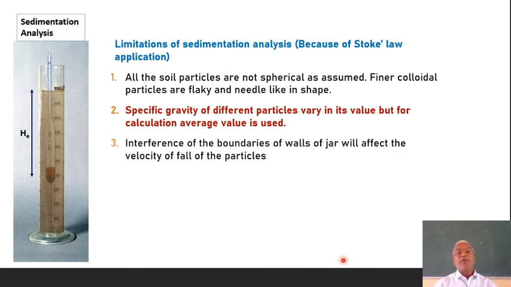Interference of the boundaries or walls of the jar will affect the velocity of fall of the particles. Means if the particle is trying to touch the side wall, there will be greater disturbance. If it is going down centrally, then it will be moving faster. So interference with the boundary will affect it.